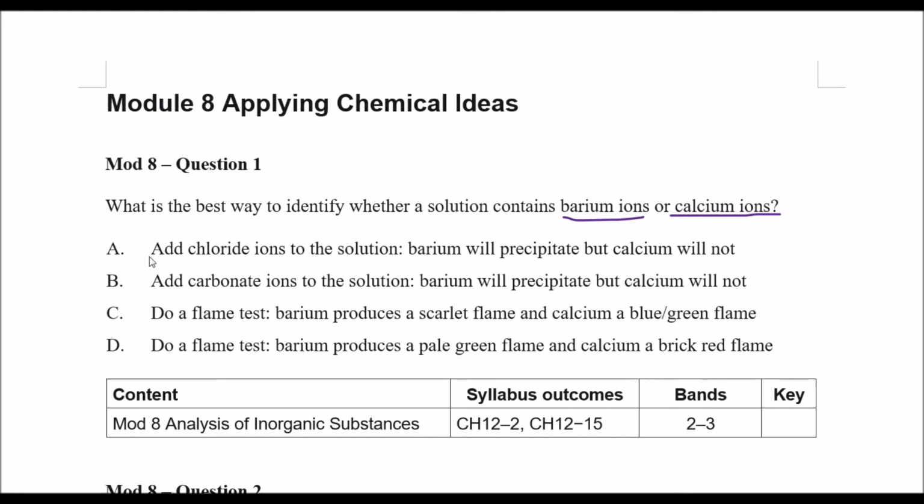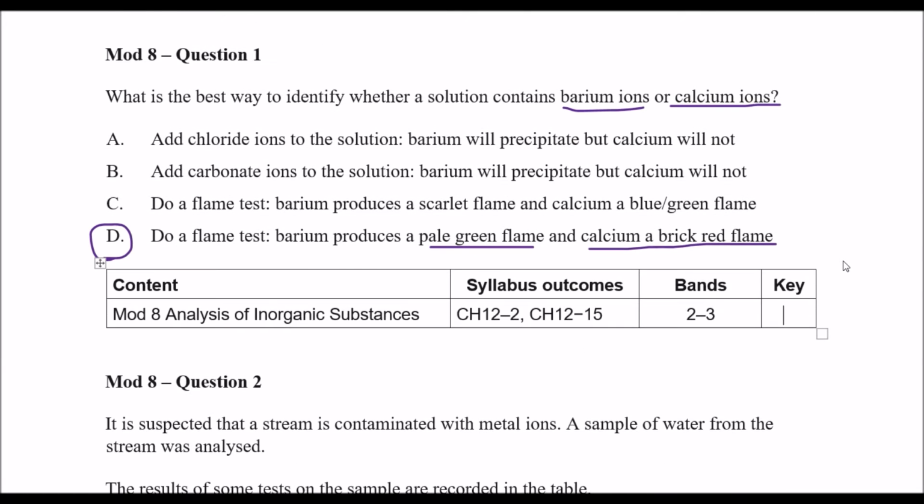The answer is D. We'll need to do a flame test, as barium provides a pale green color and calcium provides a brick red flame. These ones you really just have to know off by heart. So let's go to question 2.